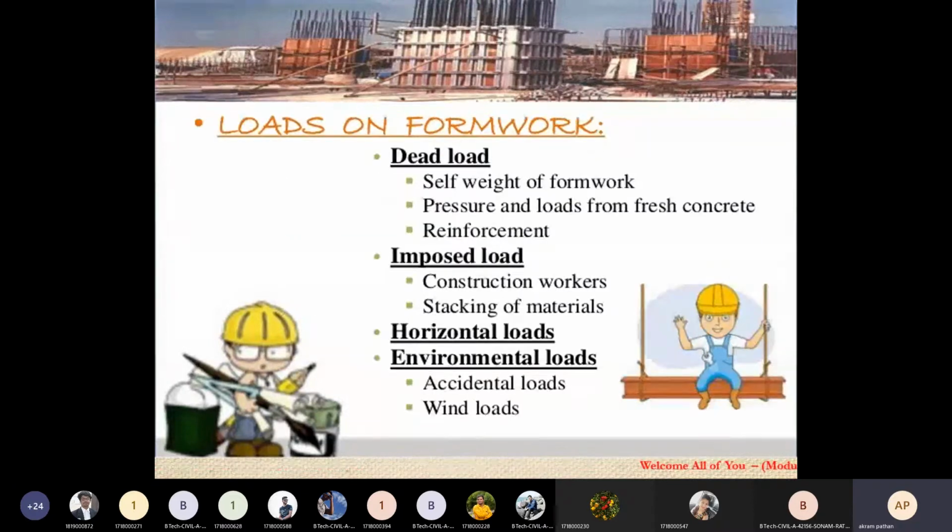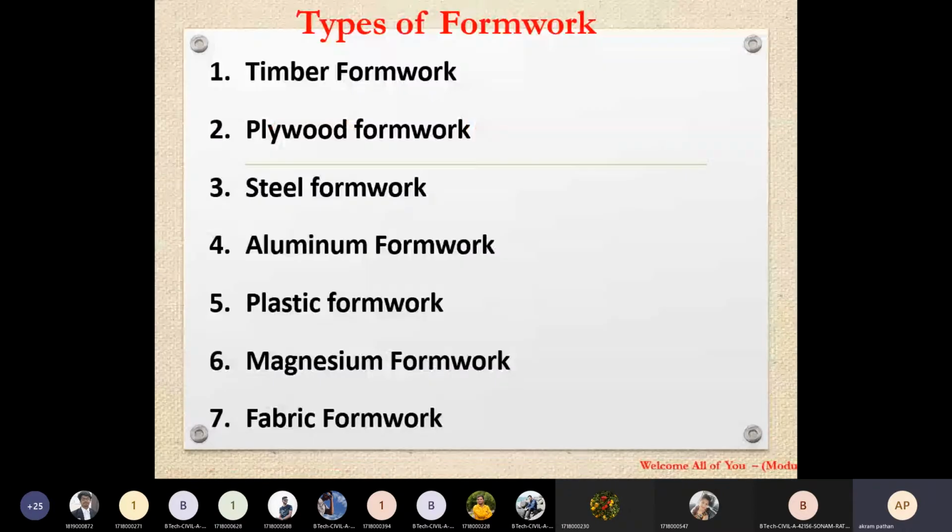So these are the stages, and the loads coming on the form work are dead load, imposed load, horizontal load and environmental loads. This also we saw in the last lectures. Then in today's lecture we are going to talk about the plywood form work. The timber form work we also completed in the last lectures.